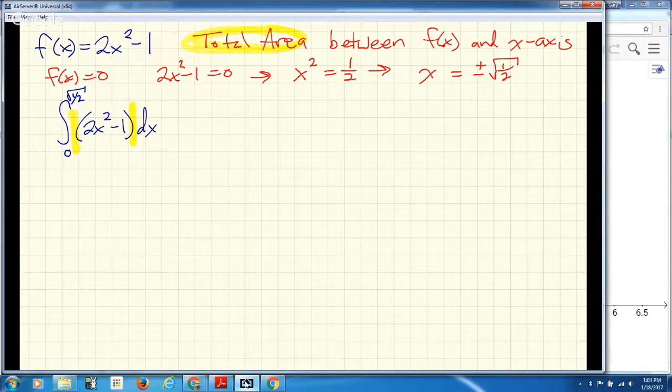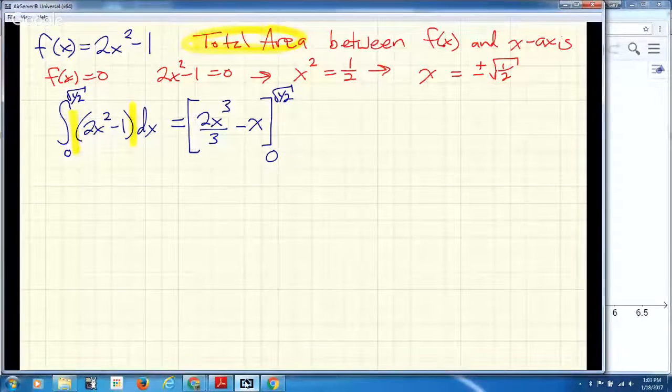All right, so let's see, I need an antiderivative. So antiderivative for x squared is x cubed over 3. So that's going to be 2x cubed over 3. Antiderivative of 1 is just x. And I don't have to worry about the plus c here because this is a definite integral, and I want to evaluate that from 0 to the square root of 1/2.